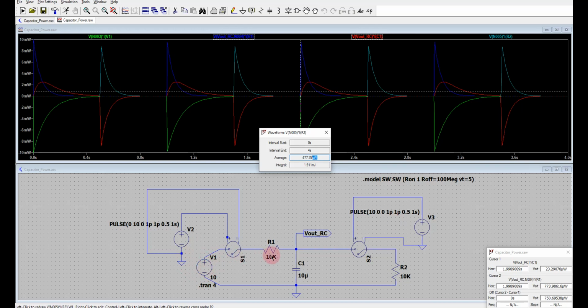Similarly here for the energy and power, you understand the relations. The energy is to be multiplied by the frequency to get the power. So you see the total energy here, there is zero power in the capacitance.